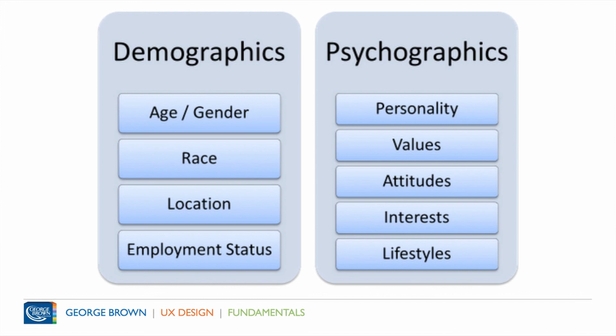For example, if a user likes to shop out of season to save money, that is an attitude. If they like to go skating on the weekends with their family, that's an interest. And if they enjoy traveling on their own, that's a lifestyle choice.